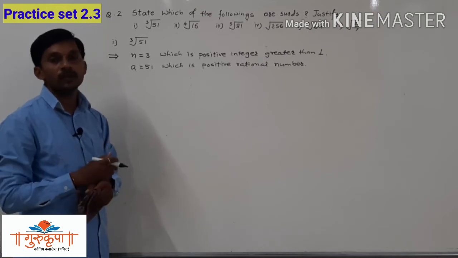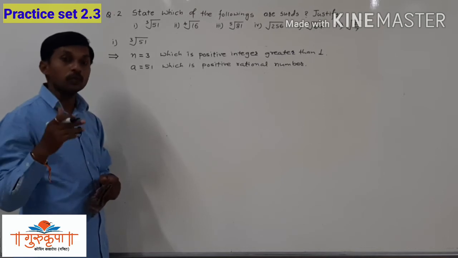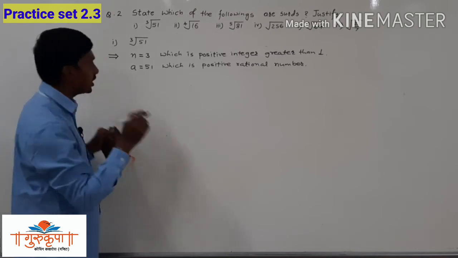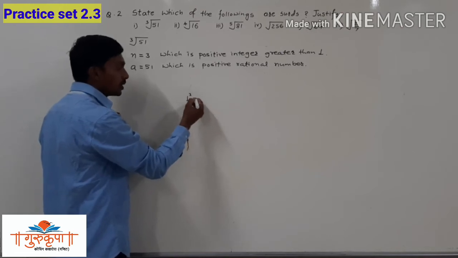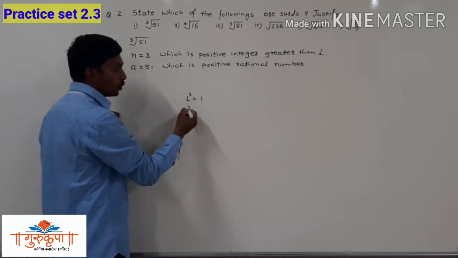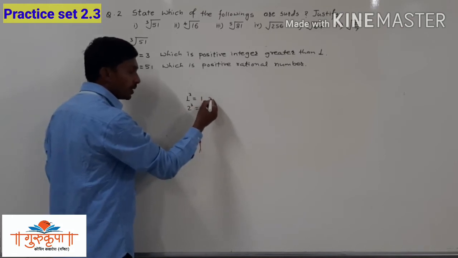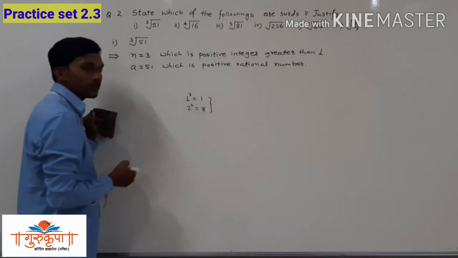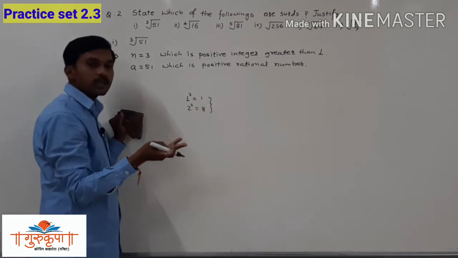It is very simple, and we know the cubes of the numbers: 1 cube is 1, 2 cube is 8. This is a very important thing, we will discuss in detail. Between 1 and 8, there are 2, 3, 4, 5, 6, 7.